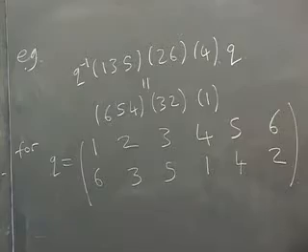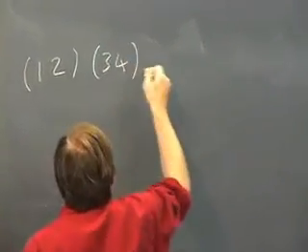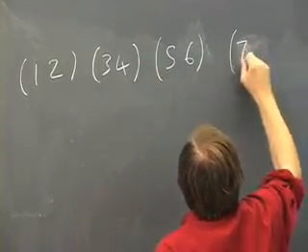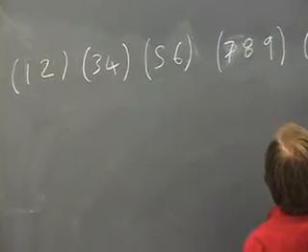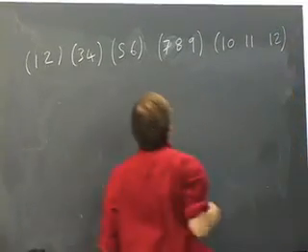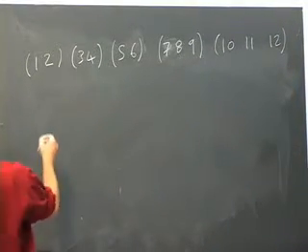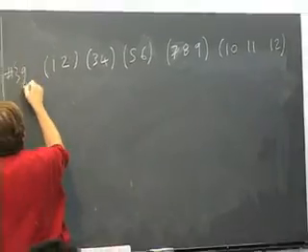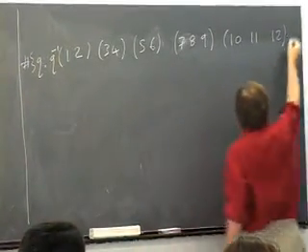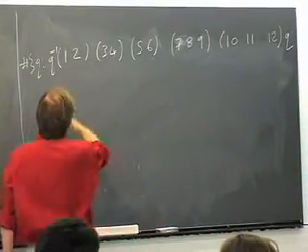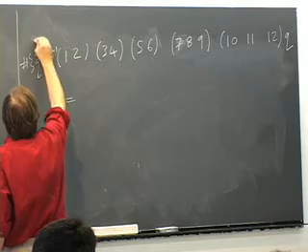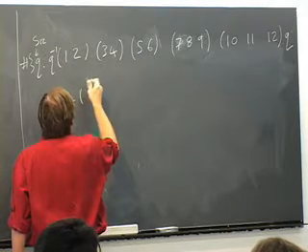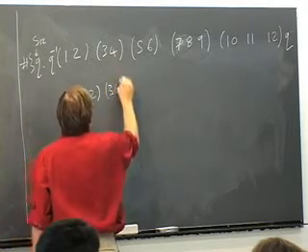So if I looked at the cycle 1, 2, 3, 4, 5, 6, 7, 8, 9, 10, 11, 12, and I asked how many q, so I want the number of the set of q in S12 such that q inverse this q would equal, well, I can even write the same one again. It doesn't matter. Anything with the same shape would do.